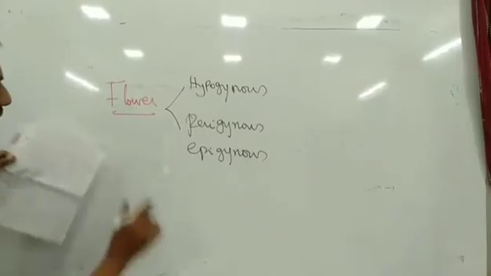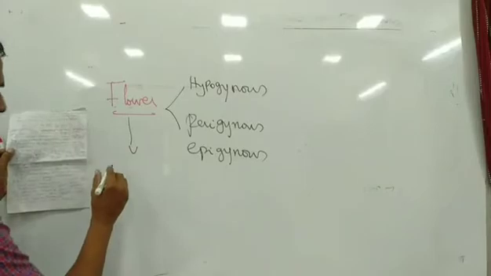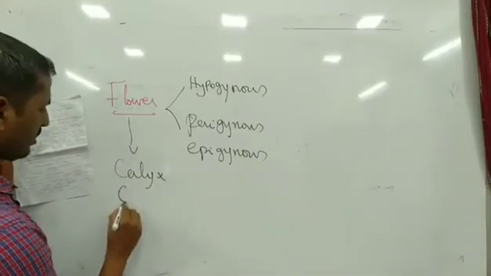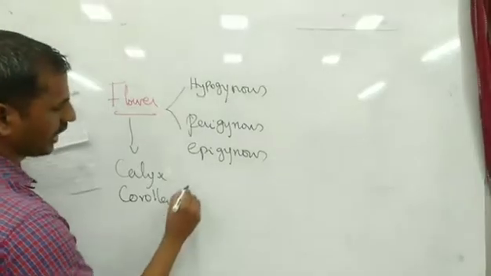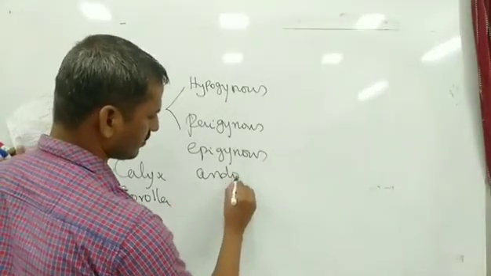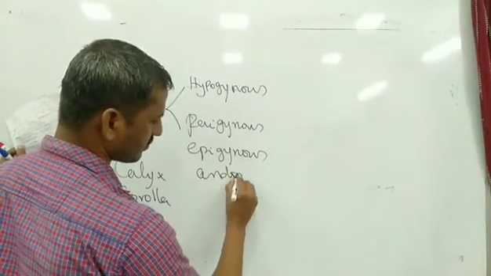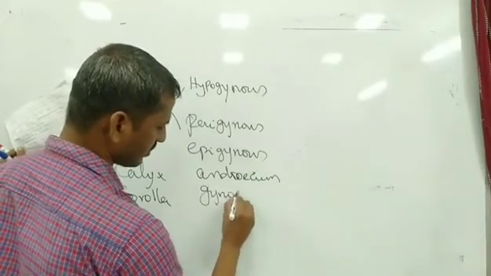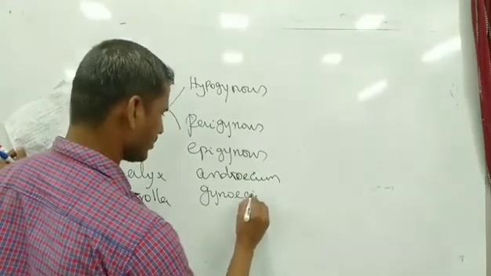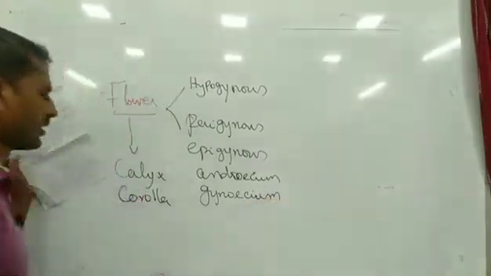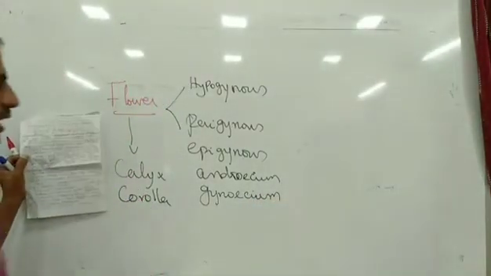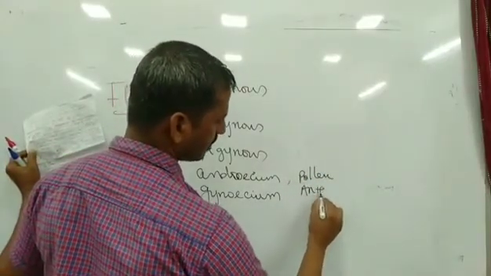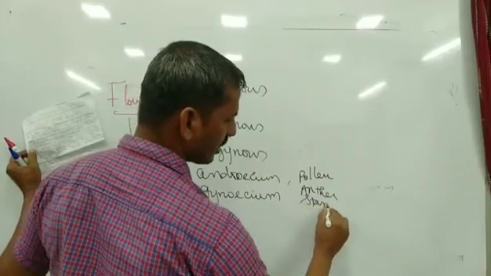The flower has several parts: calyx, corolla, androecium, gynoecium, and pollen, anther, stamen, and it goes on like this.